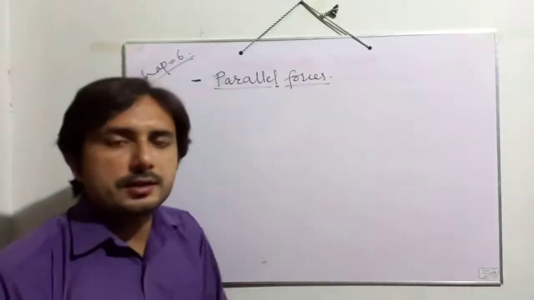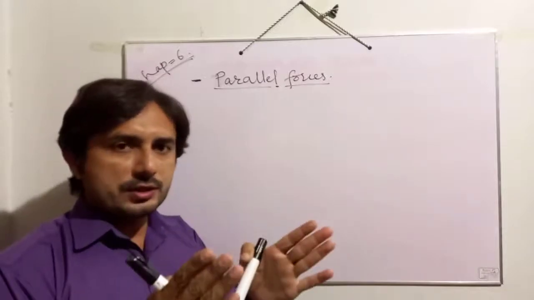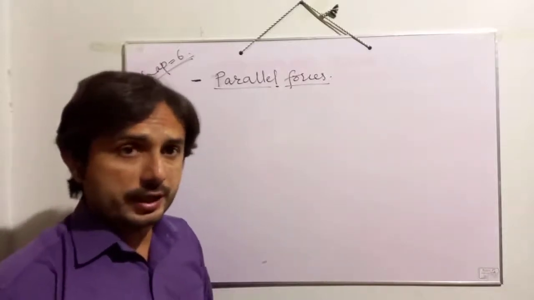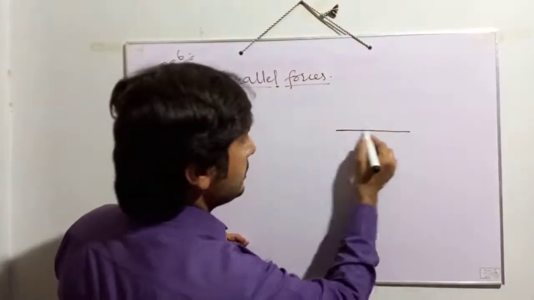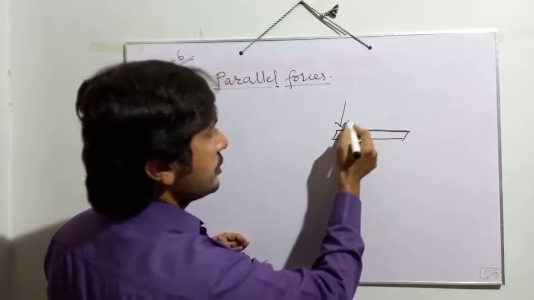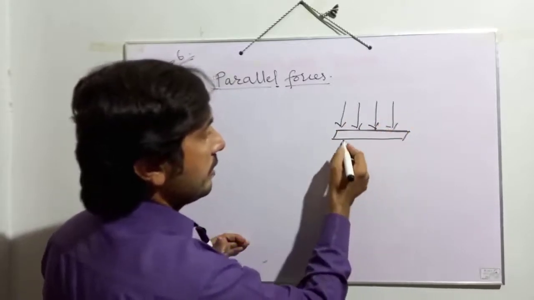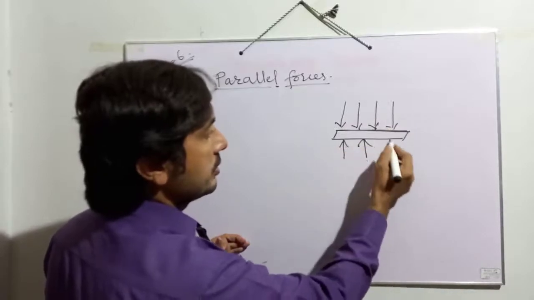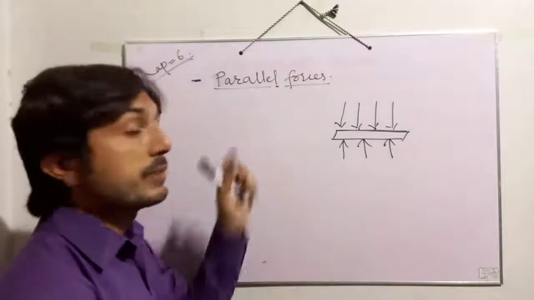As the name suggests, parallel means the forces which never meet each other. So let's suppose this is a body, any body. If the forces which are acting on this body are in this direction, or even if they are in this direction, such types of forces are known as parallel forces.